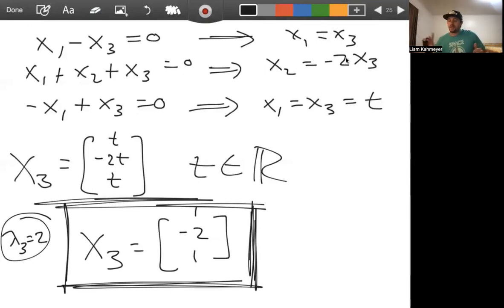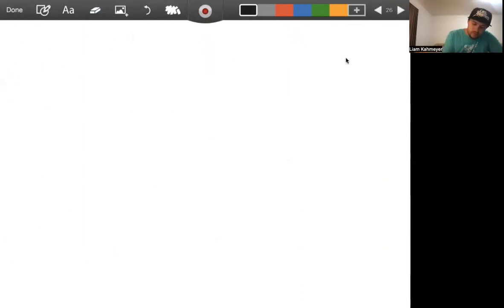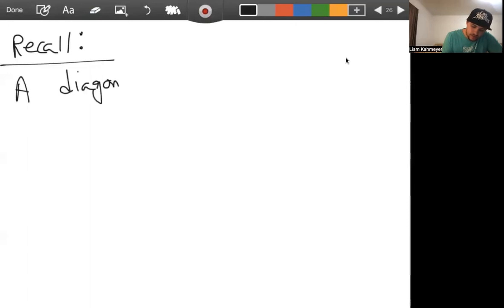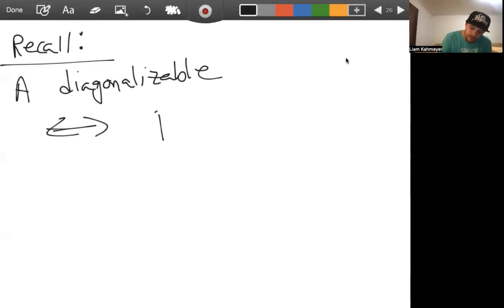Okay. I do want to say one thing here, here's kind of a recall. While we're on the topic of eigenvalues and eigenvectors, remember, what does diagonalizable mean?